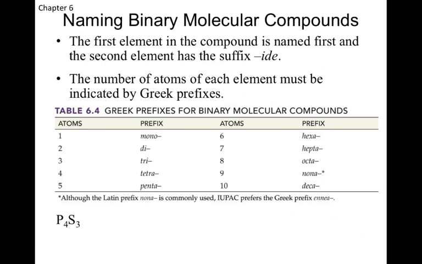Okay, so our example down below, we've got phosphorus. That's a really long one. Phosphorus, and then sulfur, so it becomes sulfide. Whoops, I did not leave myself enough space. Phosphorus sulfide.